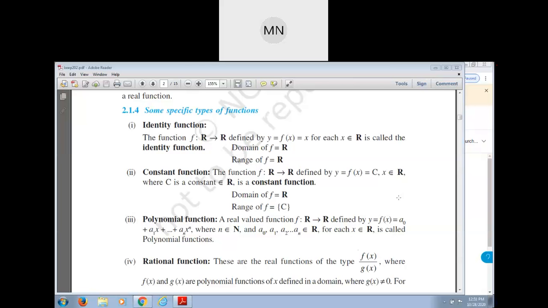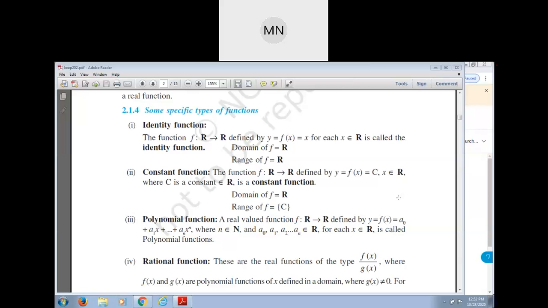Okay, the first one is identity function. In the case of identity function, f is a function from R to R, which is defined as y equals f of x equals x for all x belongs to R. Okay, for all x belongs to R, and in this case, it is called identity function.